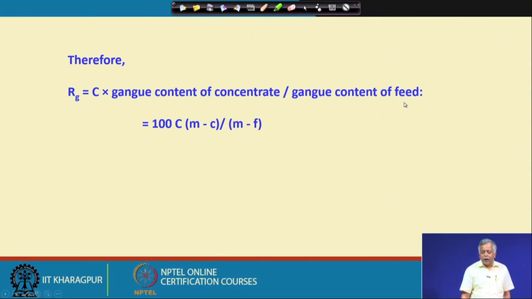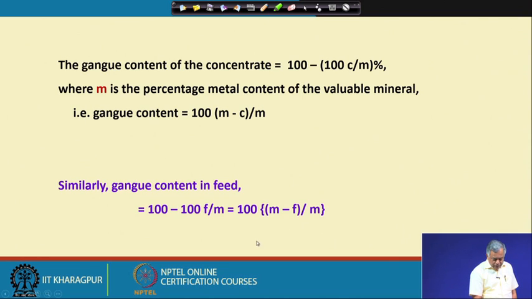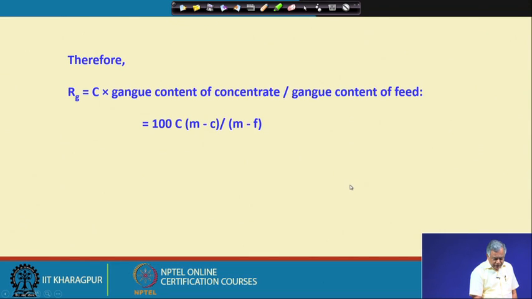That will give you Rg. So, based on these two relationships, if we rearrange them, we can say that it is equal to 100 C, capital C, into m minus c divided by m minus f.